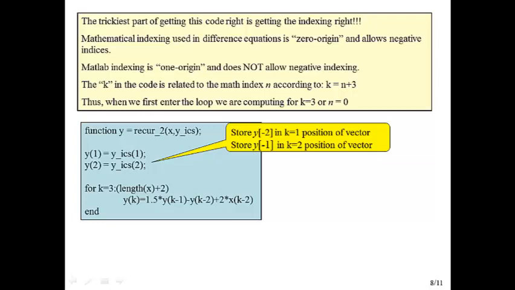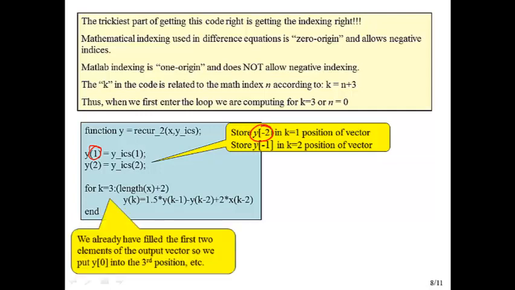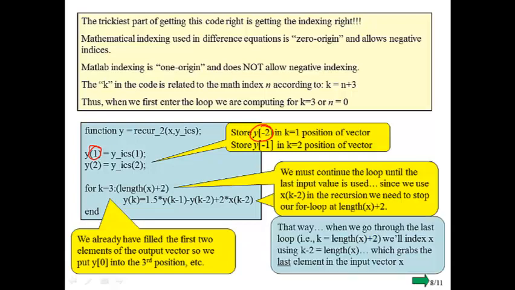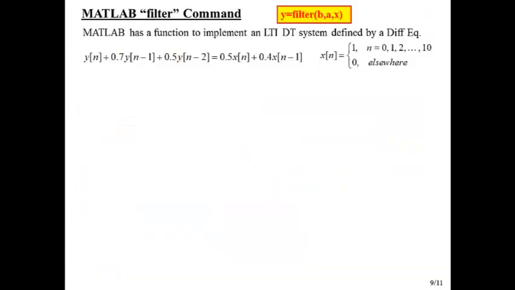This is just pointing out that we're storing in y of 1. What we're really storing there is y of minus 2. So you just got to keep track of that. And it takes a little bit of practice, but you'll eventually get it.